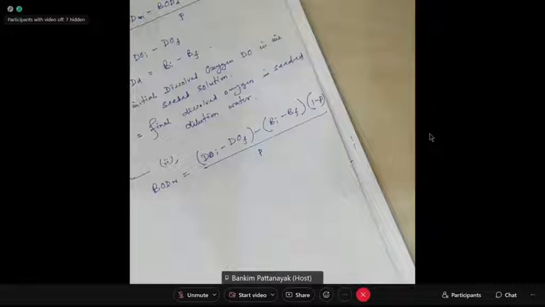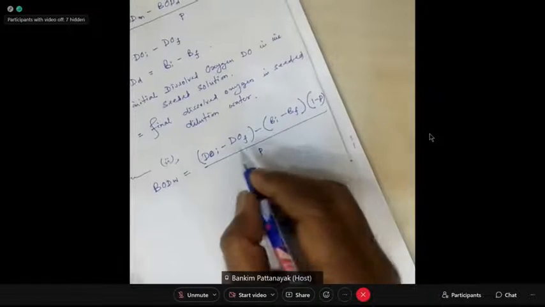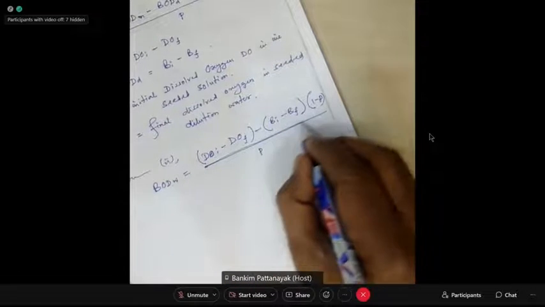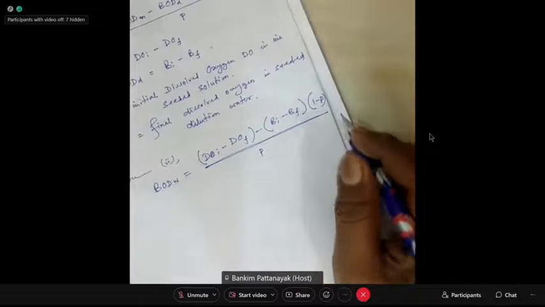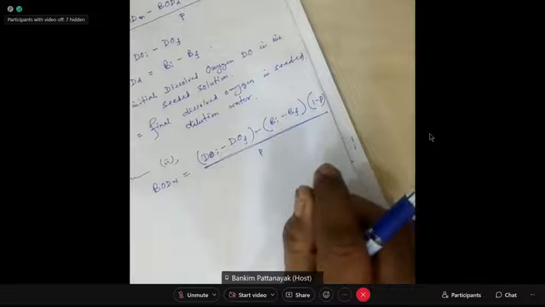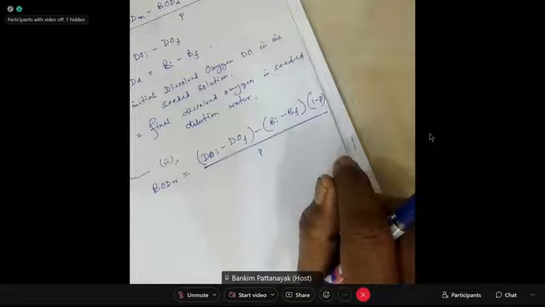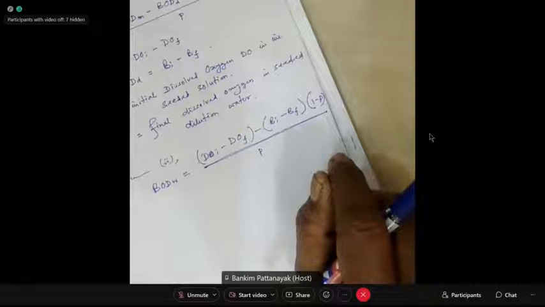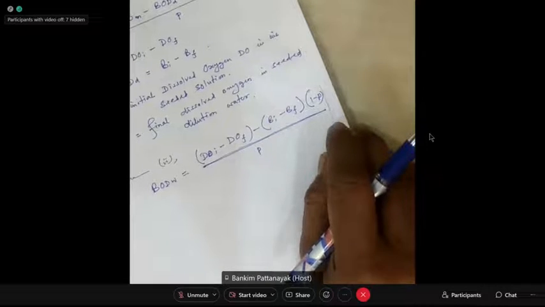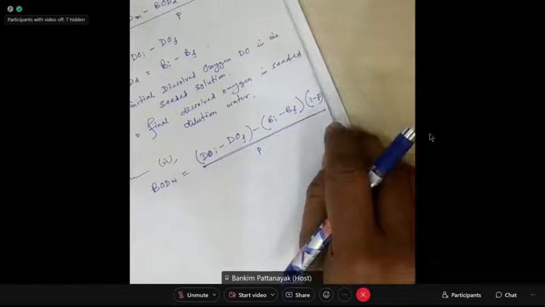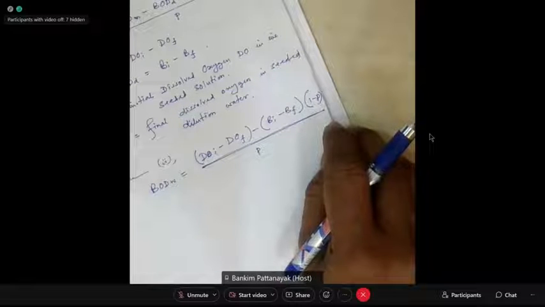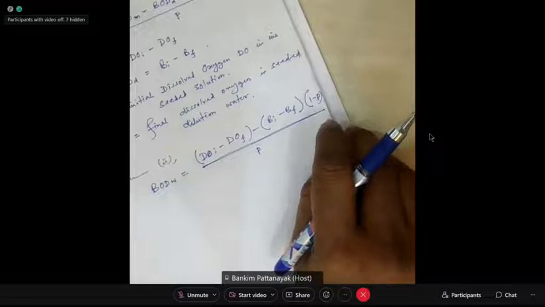BODW, the final expression for the BOD of the waste itself. We are trying to find out, if there is a certain quantum of organic waste dumped into a water reservoir, what is the biochemical oxygen demand of that waste?